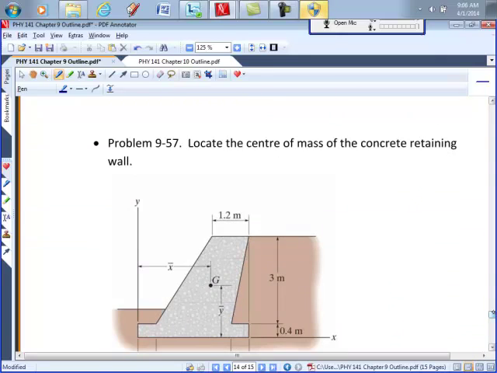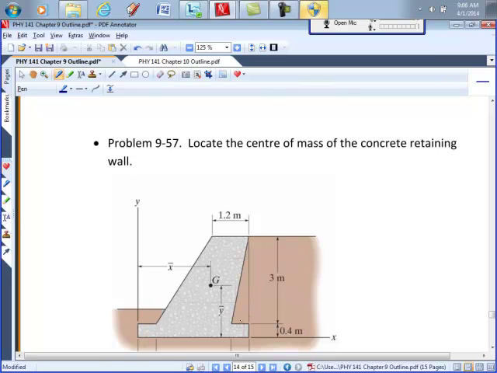All right, so this time we have a concrete retaining wall. It's sloped back. This is holding back the earth. So it's going to have pressure on it from the weight of the earth here, and potentially hydrostatic pressure as well if the soil is saturated.